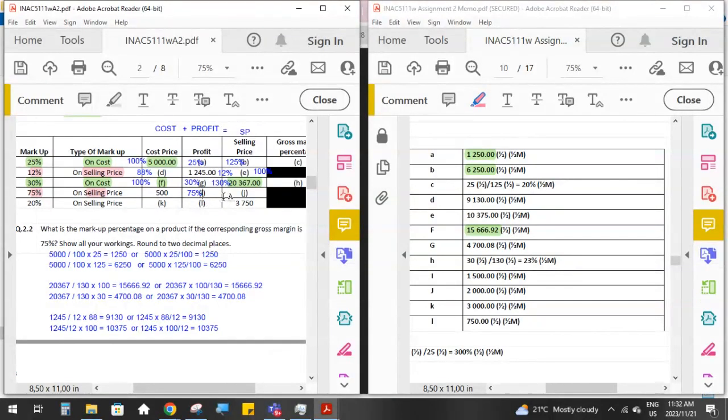So the base that I start out with when I do my markup calculation is going to be the selling price. So my selling price is then the 100%. Now, how much percentage will the cost be? Cost X plus profit 75 equals selling 100.